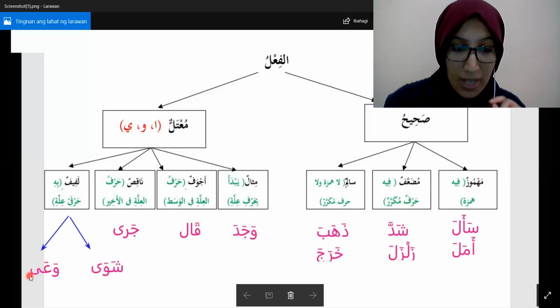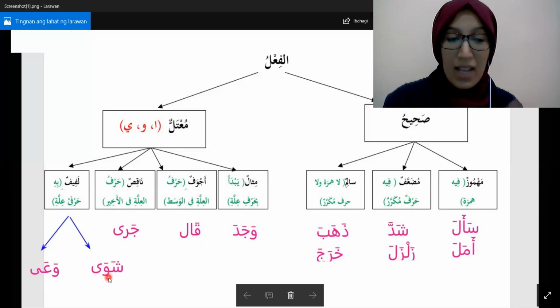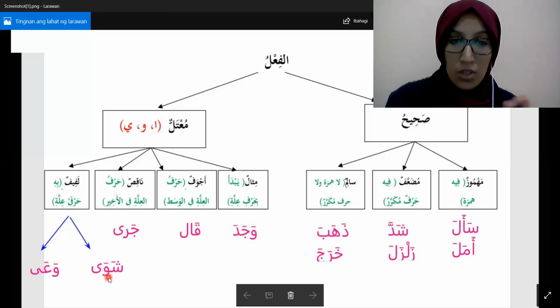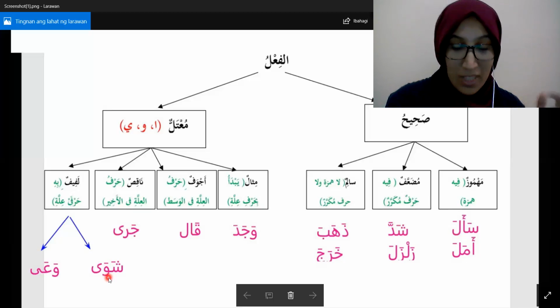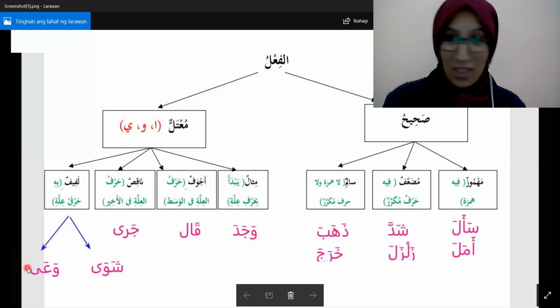So شوى, I have waw. After waw, exactly, I have alif مقصورة. So I have that case of مقرون. The second is مفروق. It's separated with one third letter. Okay, this is my classification in Arabic language.